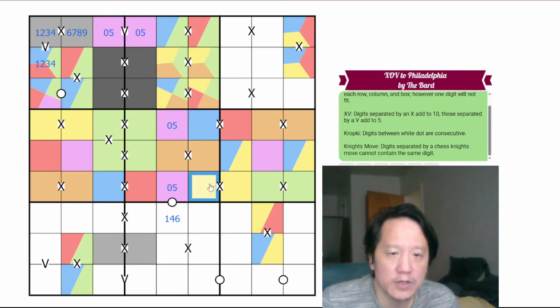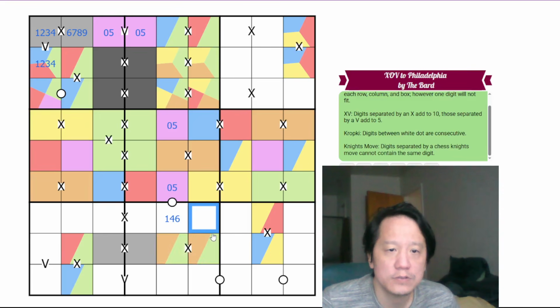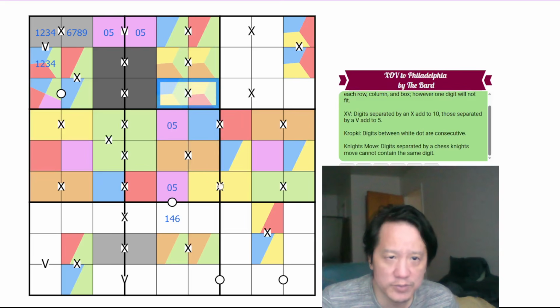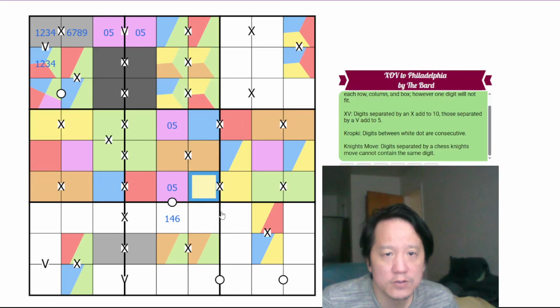This cannot be yellow twice. So this is either green, orange, and this orange means this can't be orange here, because both of them see that cell there.